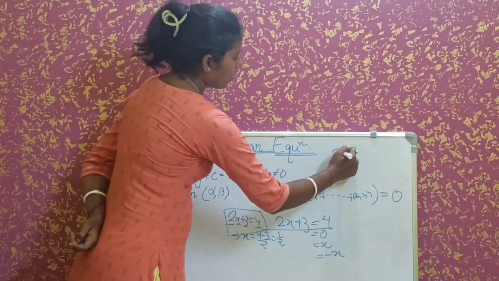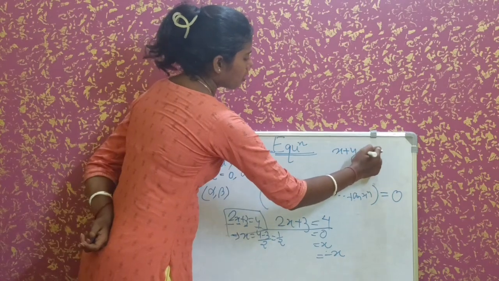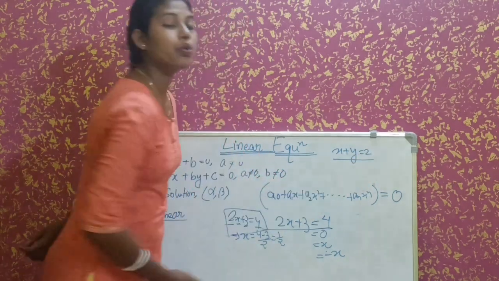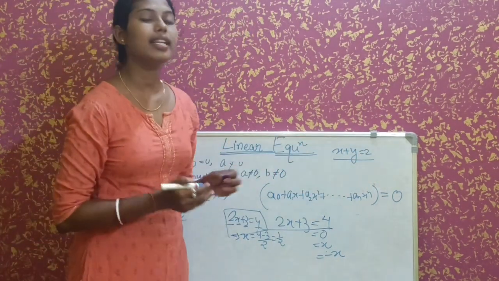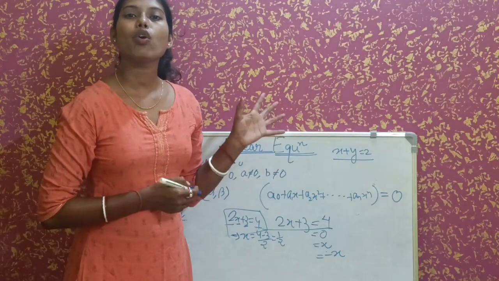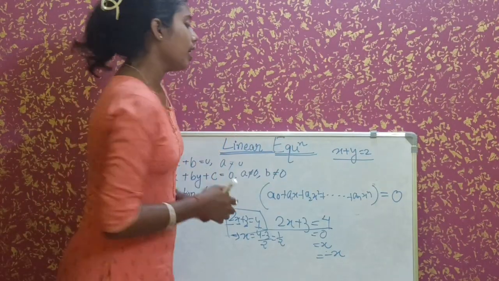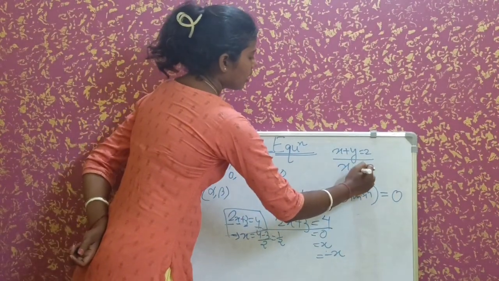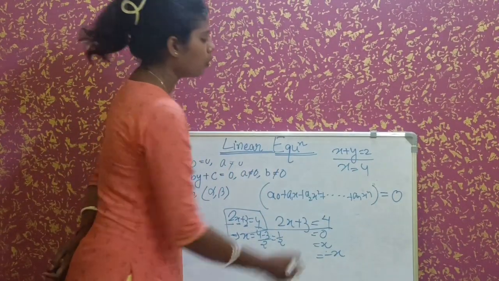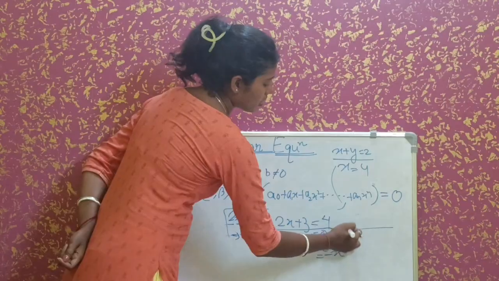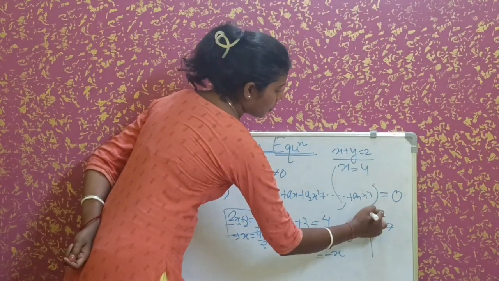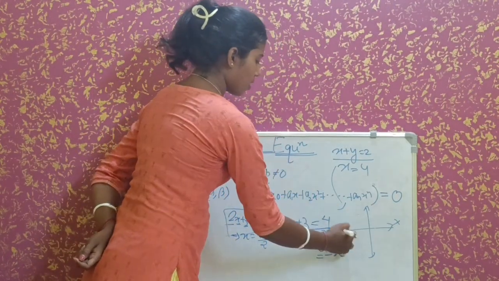Let's say we have x plus y equals 2. If we represent this graphically, we will always get a real line. As for example, x equals 4. This is our x coordinate, this is our y coordinate.